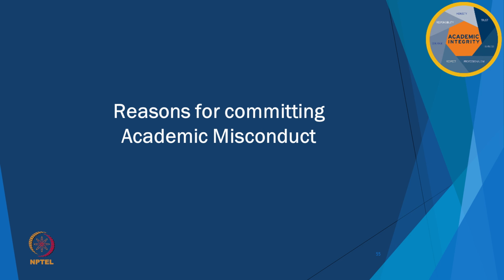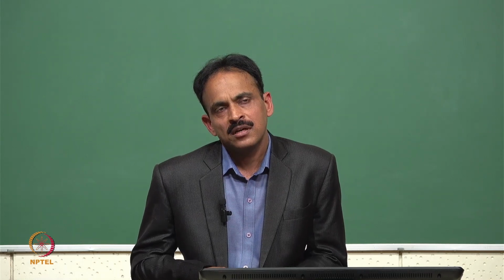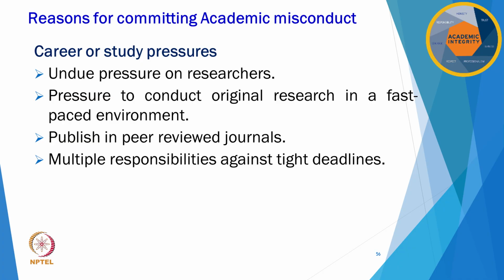Now let's discuss the reasons for committing academic misconduct. Over time, there have been varied reasons for researchers committing scientific or research misconduct. One of the reasons is career or study pressure. An important factor often associated with research misconduct is the undue pressure researchers face.